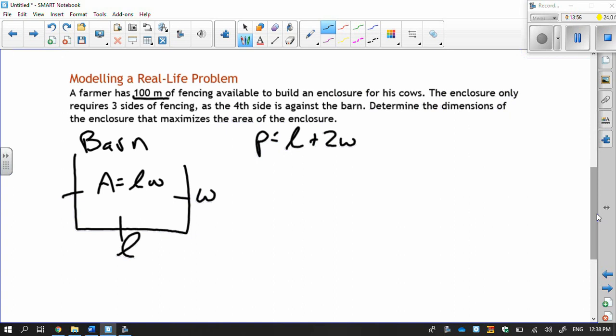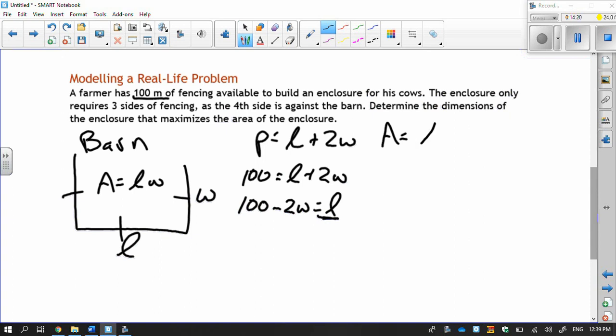So now we've solved it in terms of one variable, which is useful to us. Because if we're trying to find the area, this will be length times width. But we have defined a length for ourselves, so 100 minus 2W multiplied by W. So 100W minus 2W squared.